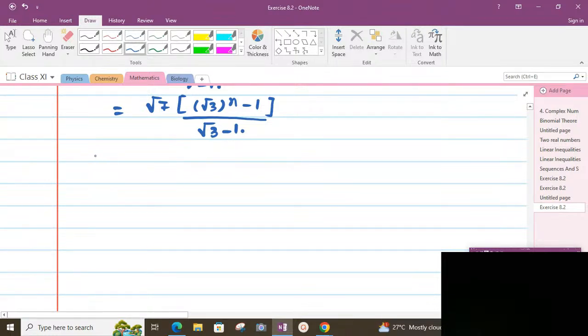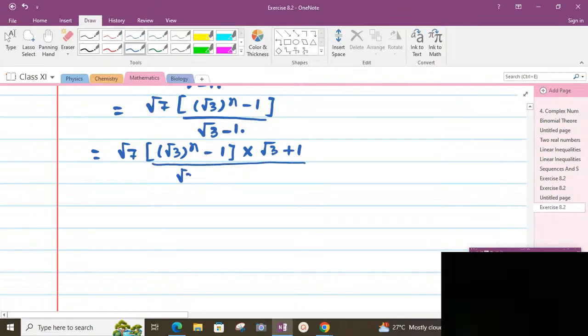So next step here will be √7 and whole start √3 to the power n minus 1 into √3 plus 1 by √3 minus 1 into √3 plus 1.